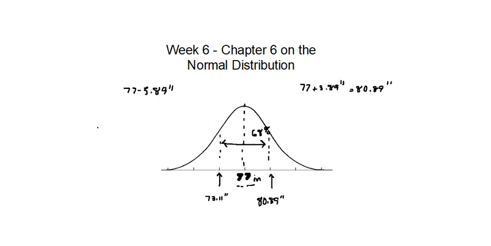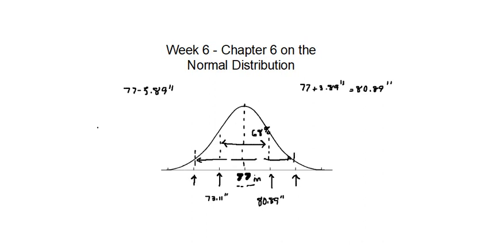If we multiplied our standard deviation times 2 and added it to 77, or subtracted it from 77, we could find that approximately 95% of all of the basketball players in the NBA had heights between these two numbers.